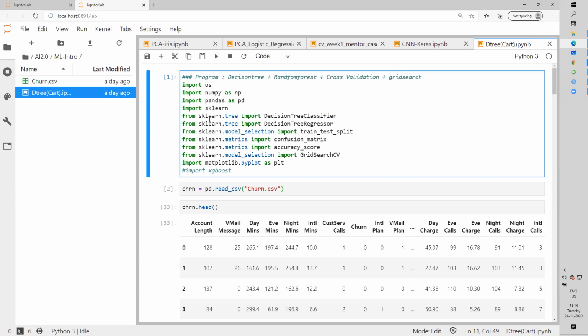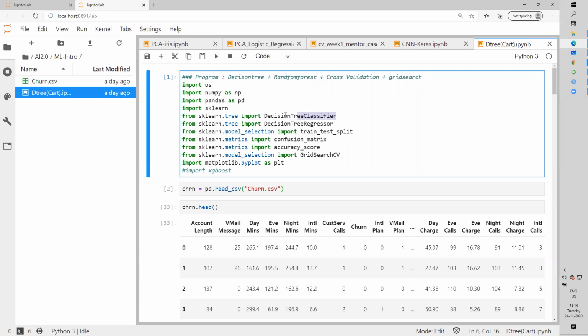So just like how in C++, you have include math.h, include stdio.h, something similar here. We call them modules. So sklearn, scikit-learn, is a module. In this module, we have a submodule called tree. In this submodule tree, I have a predefined function called DecisionTreeClassifier.